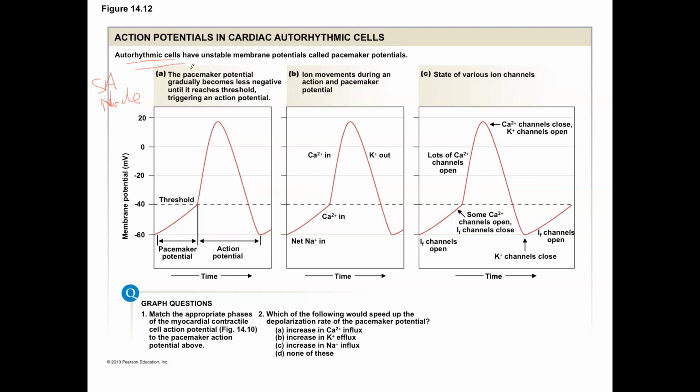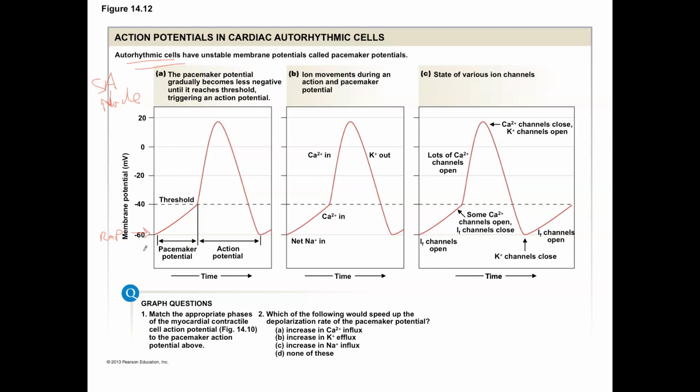They actually have an unstable resting membrane potential. So resting membrane potential for these types of cells, these 1% of cells, is typically around negative 60 millivolts. On this diagram, we're looking at about negative 60 millivolts as being our resting membrane potential. However, it's unstable.